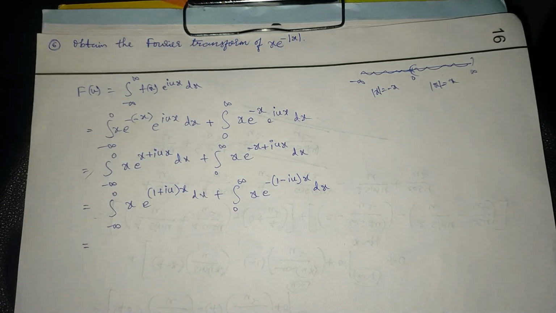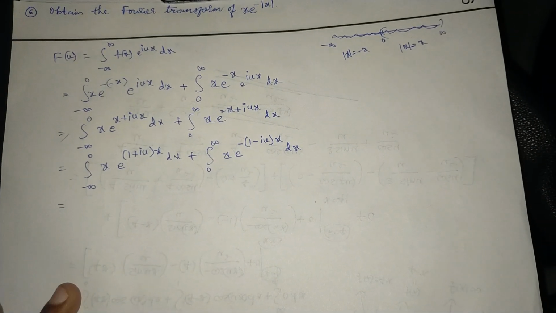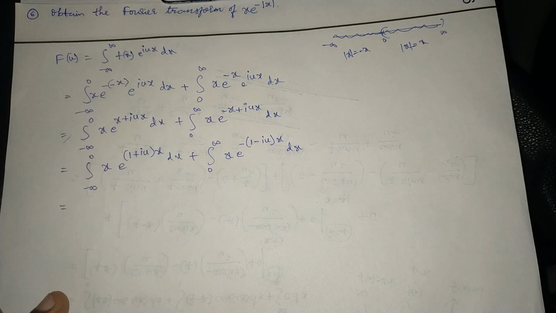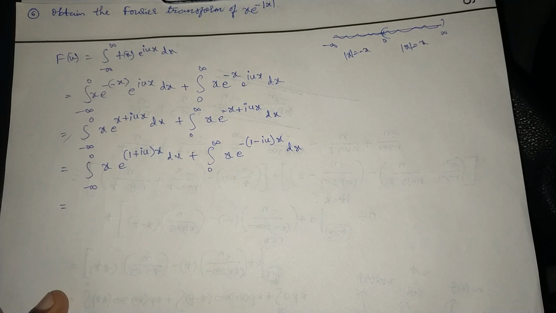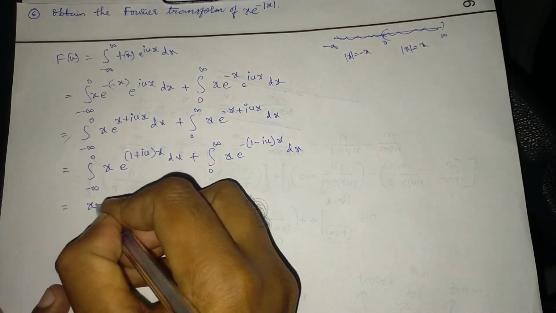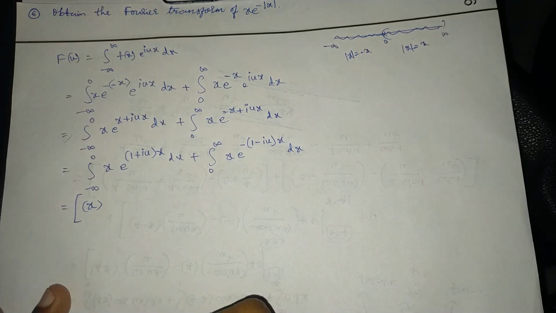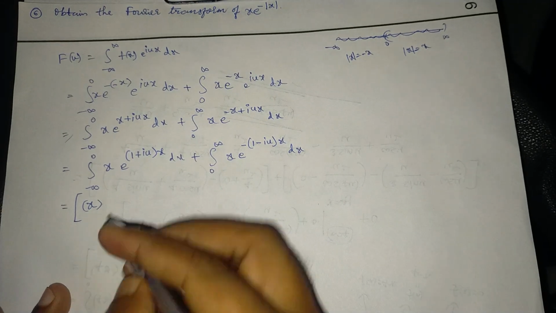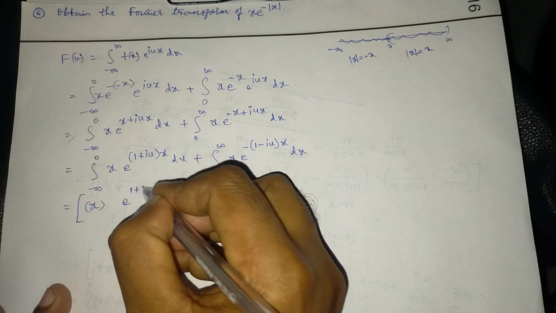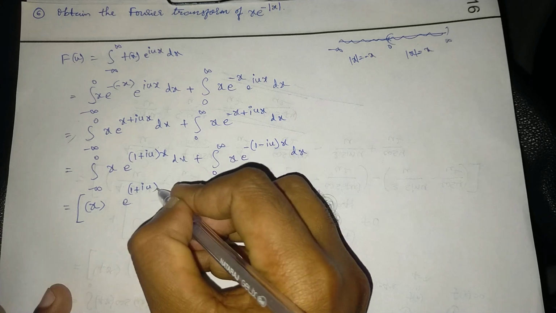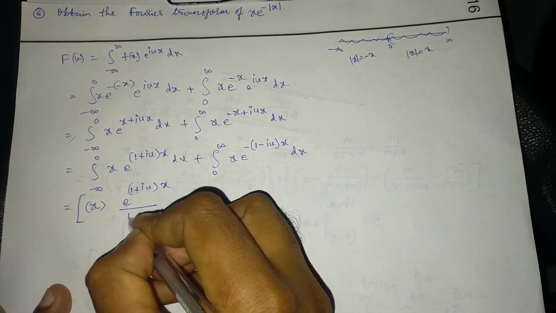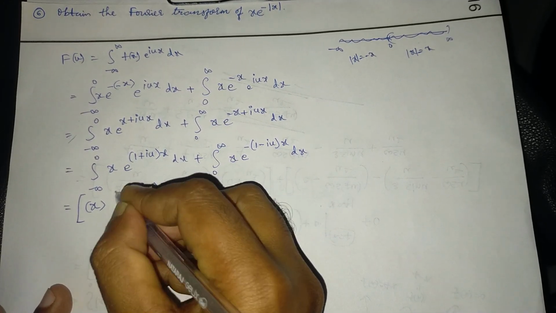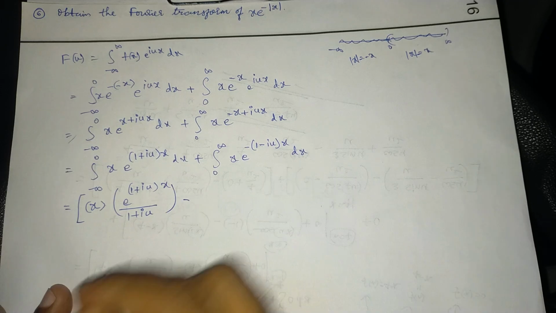Now let us calculate the integration of this by applying the Bernoulli rule. This is the first function, so write that in bracket, into the integration of the second function. What is the integration of the second function? It is e power 1 plus i u x divided by 1 plus i u, minus, differentiate.